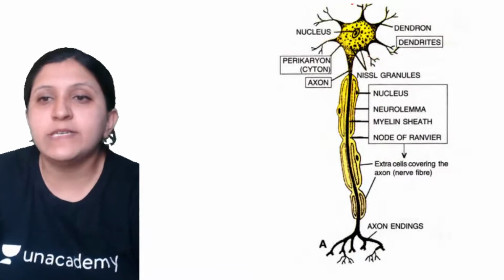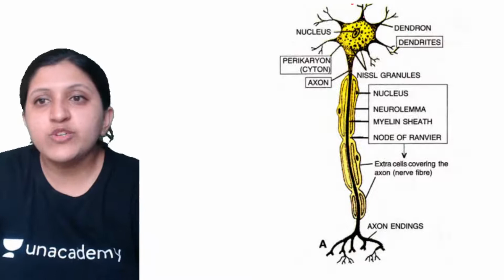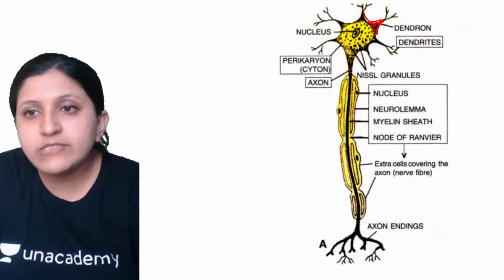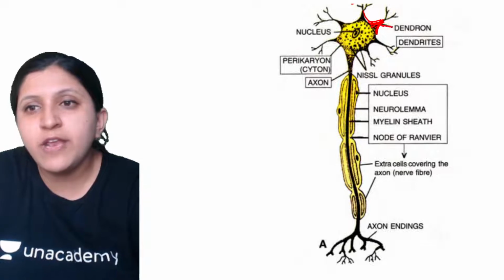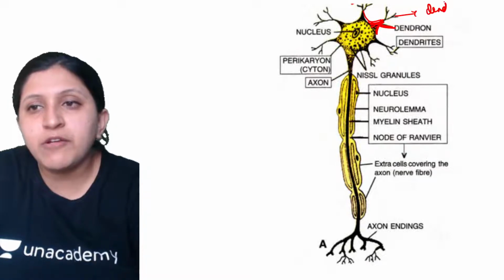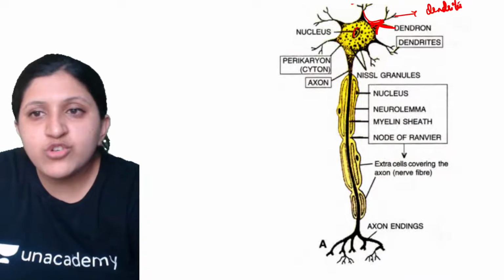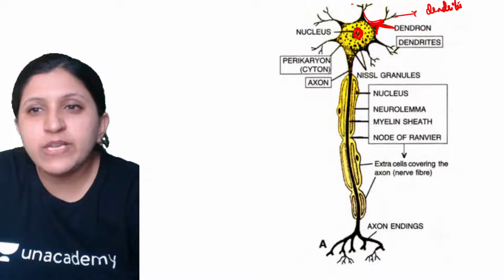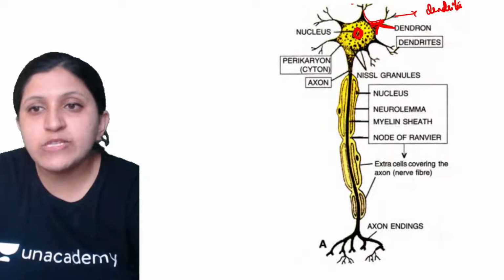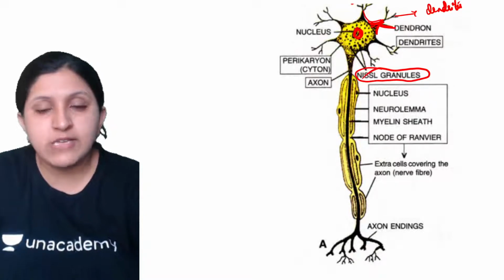This is the structure given in your textbook. This curved extension is a dendron, and these parts are the dendrites. As usual, you can see a nucleus over there, and this is the cytoplasm. In the cytoplasm you find a Nissl granule.